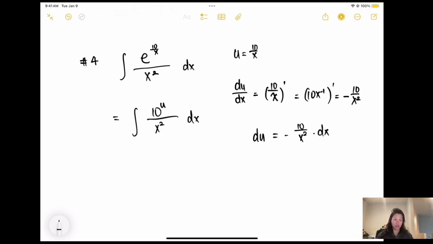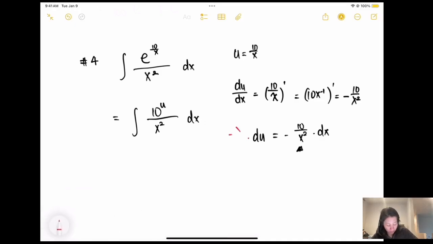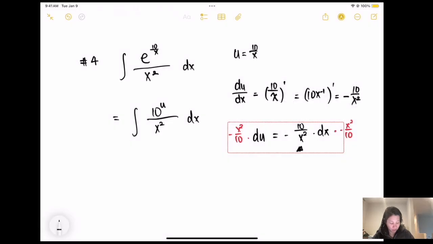So here's the trick to get rid of the fraction in here: multiply by the reciprocal. So the reciprocal is negative x squared over 10. So here we do the same thing, negative x squared over 10. So negative gives you a positive. So we're done.